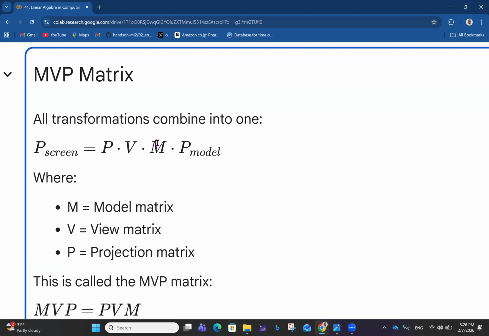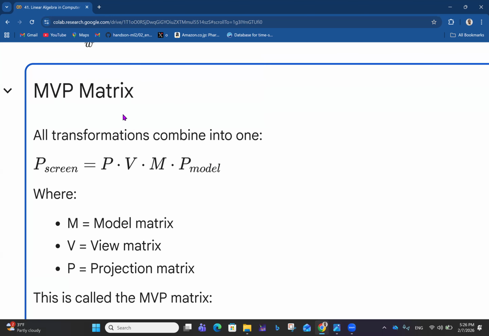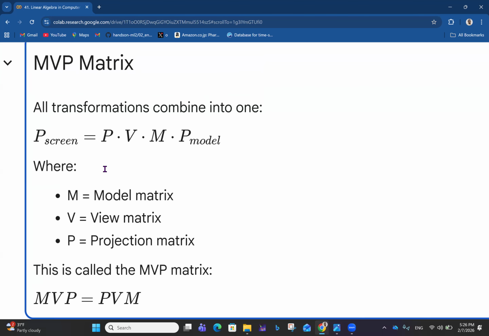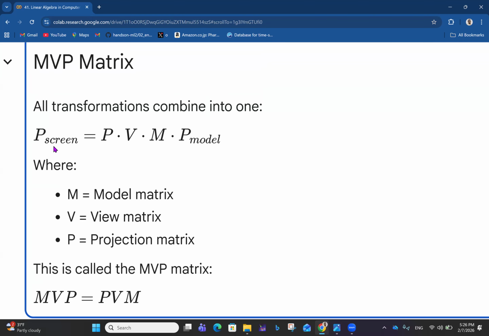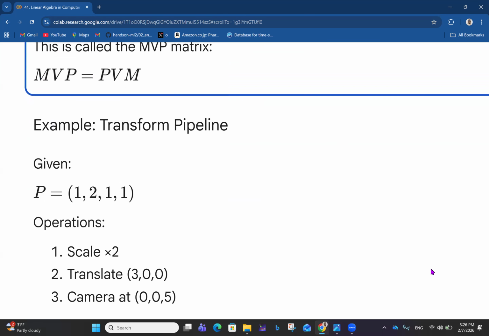The model matrix works on it, followed by the view matrix, followed by the projection matrix. That's the object you now see on the screen. This is called the MVP matrix, in that order: model matrix, view matrix, projection matrix, and then you have what you see on the screen.